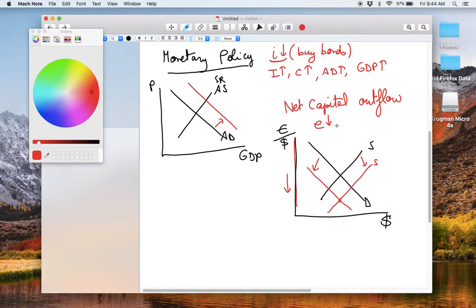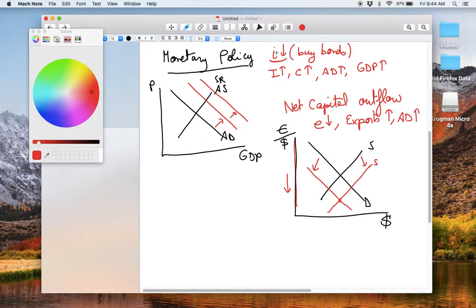And when the exchange rate depreciates, that makes our exports improve, which reinforces the increase in aggregate demand. So that's how monetary policy would work.